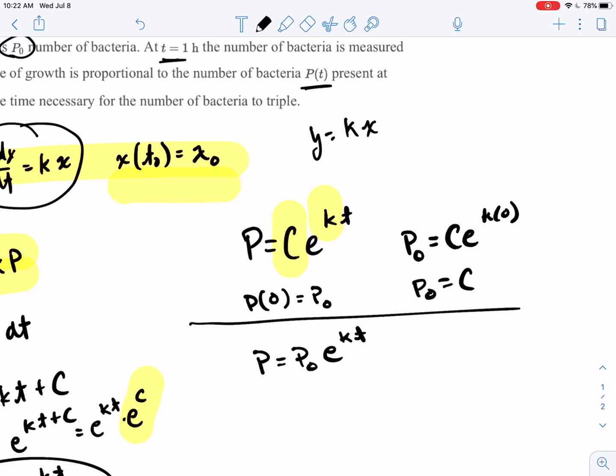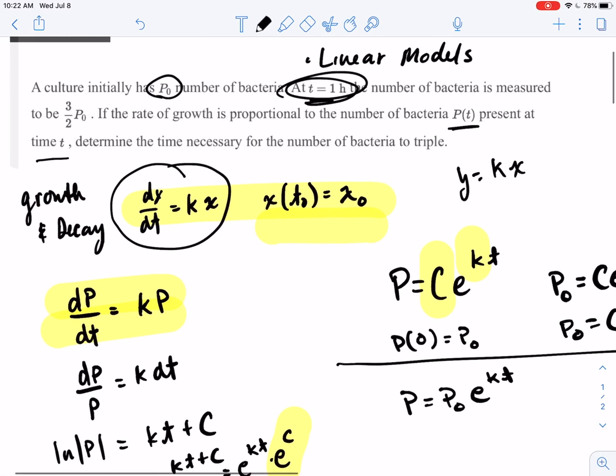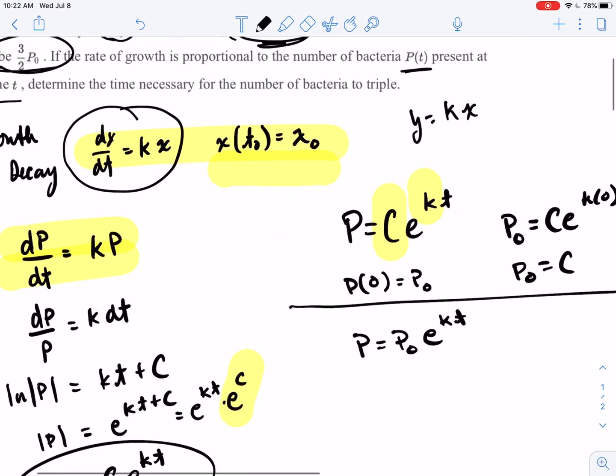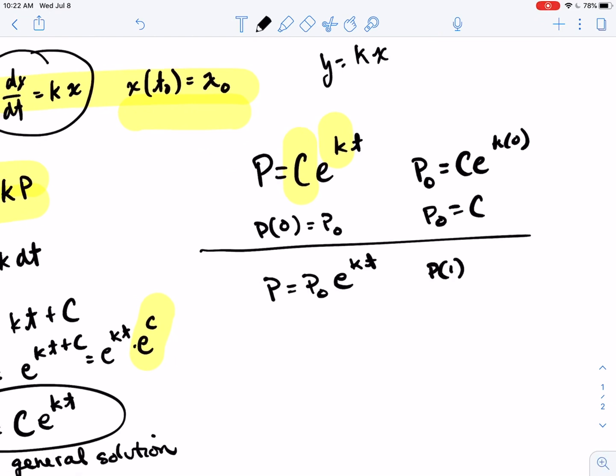Now, in these problems, they're going to give you some other information. We have our other information: the population grows to 3/2 of that initial value. So I have another point that I could write. P of 1 is going to be that 3/2 P naught, or P sub 0. I always say P naught. Okay, so we could plug this in.